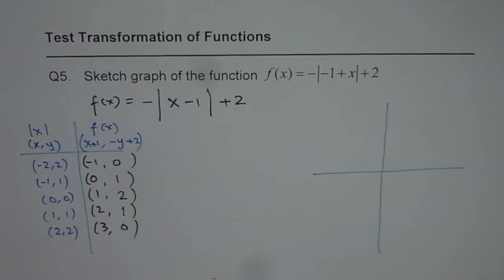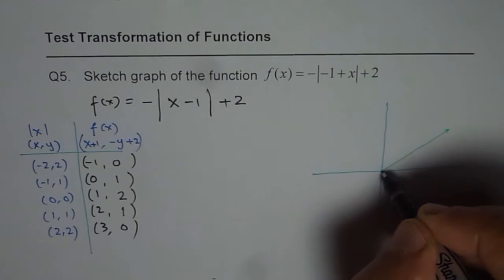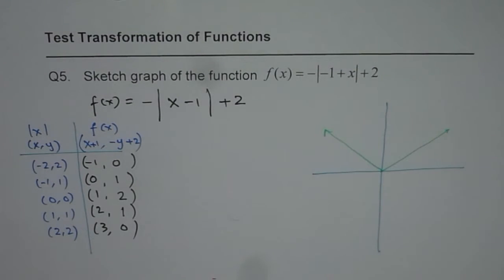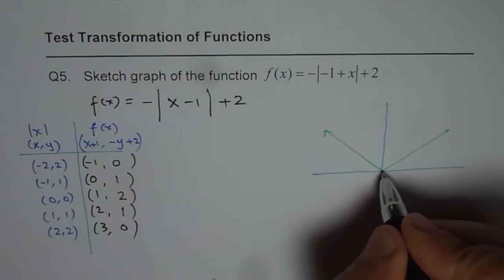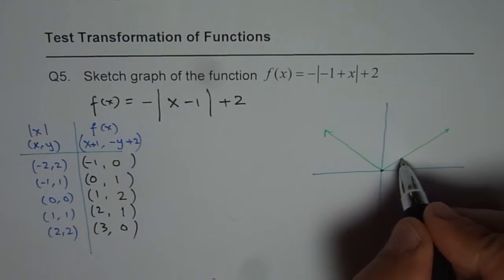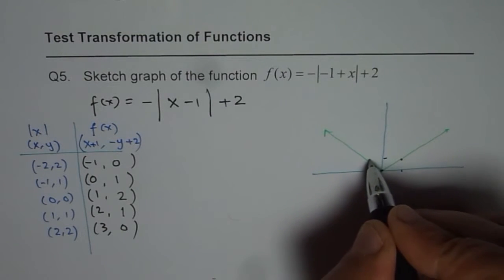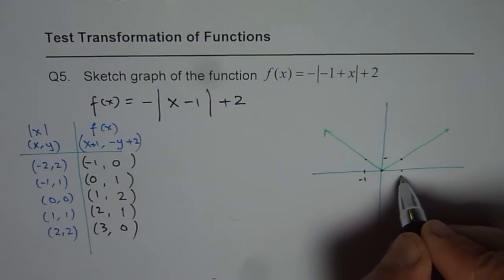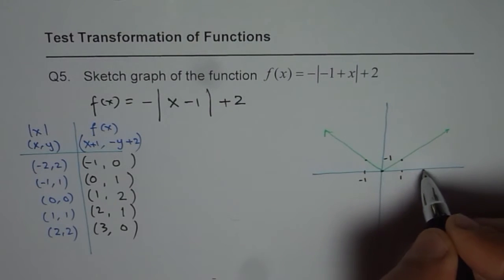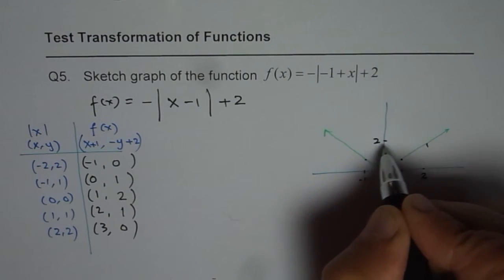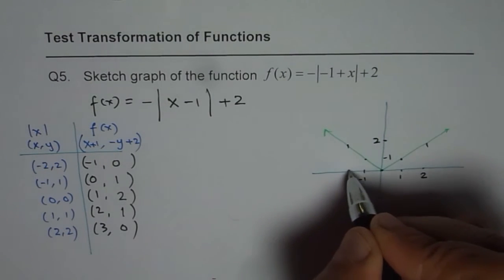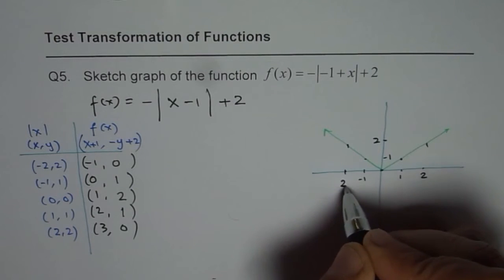Let us say we have this absolute function, where my points are (0, 0), at 1 we have (1, 1), and at 2 we have a point which is 2.